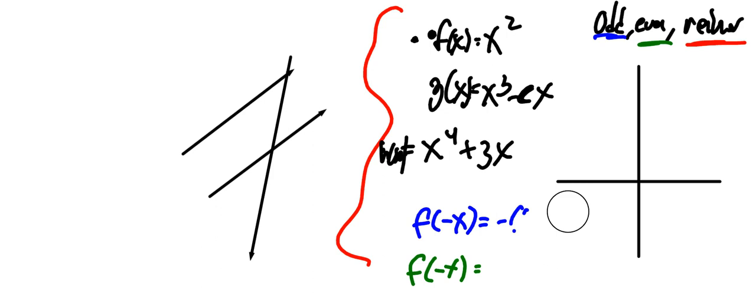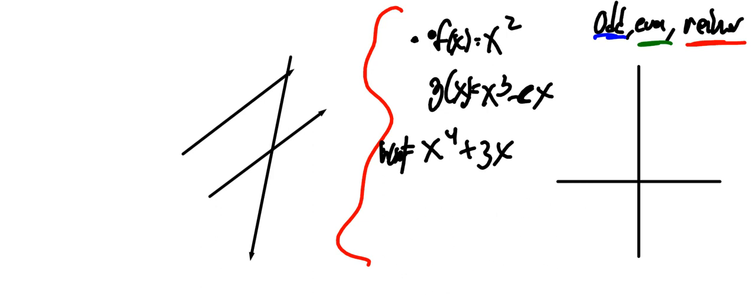So essentially x squared. Let's have some easy number. Let's say 2. So f of 2 equals 4.